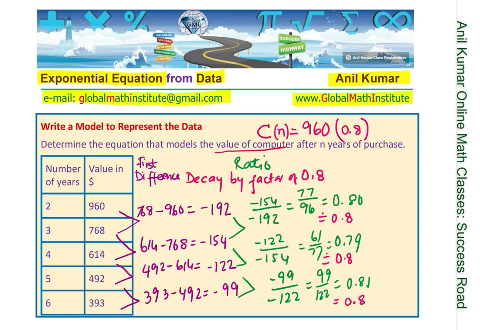And after n years, we know after 2 years it was 960, and therefore the exponent should be n minus 2. Makes sense? That is critical because we were given the value after 2 years. So that becomes the solution of this particular question. And this is how you should be doing it.